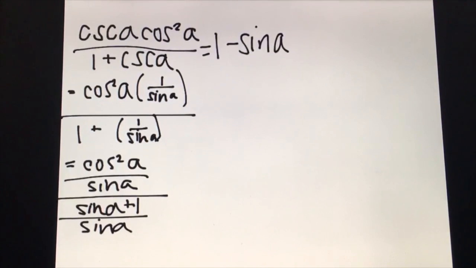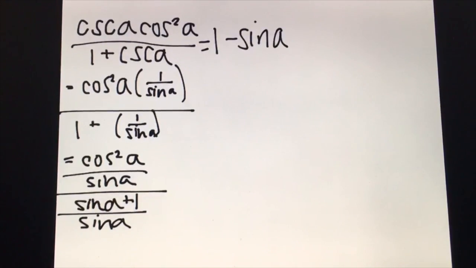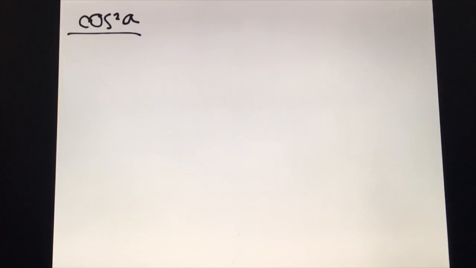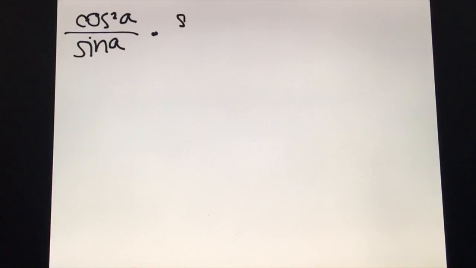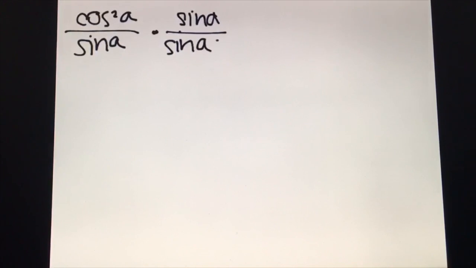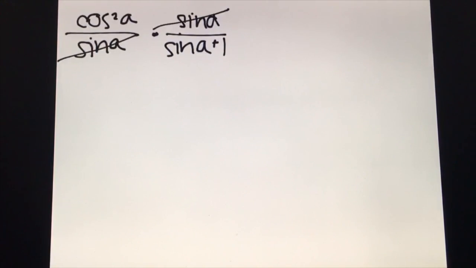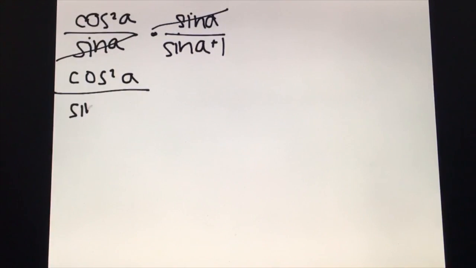Now we're going to multiply by the reciprocal, and we're going to get cosine squared a over sine of a times the opposite of the denominator, sine of a over (sine of a plus 1). So we can see right here that these are going to cancel out. So now we have cosine squared a divided by (sine of a plus 1).